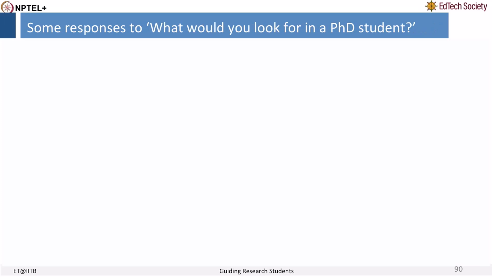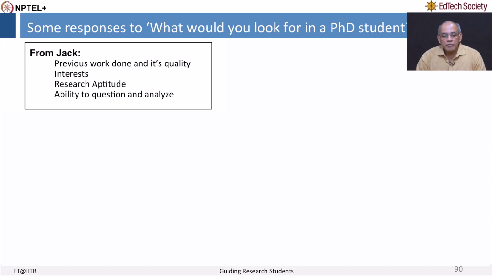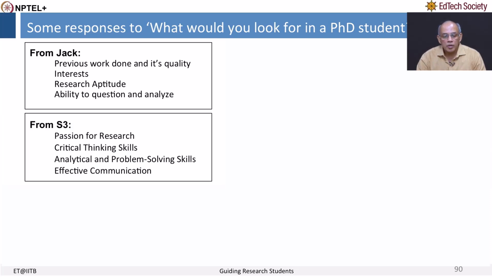Now if you look at what would you look for in a PhD student. From Jack we have previously done work and its quality, interests, research aptitude and ability to question. From S3 we have again passion for research, critical thinking, analytical thinking, effective communication.